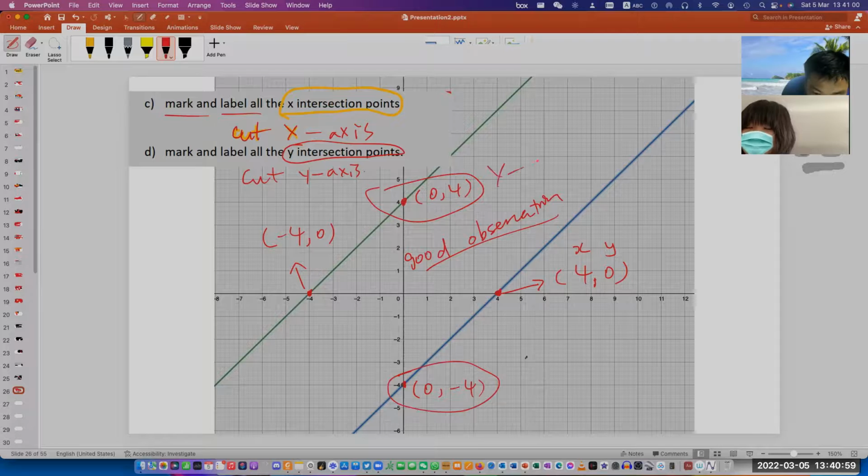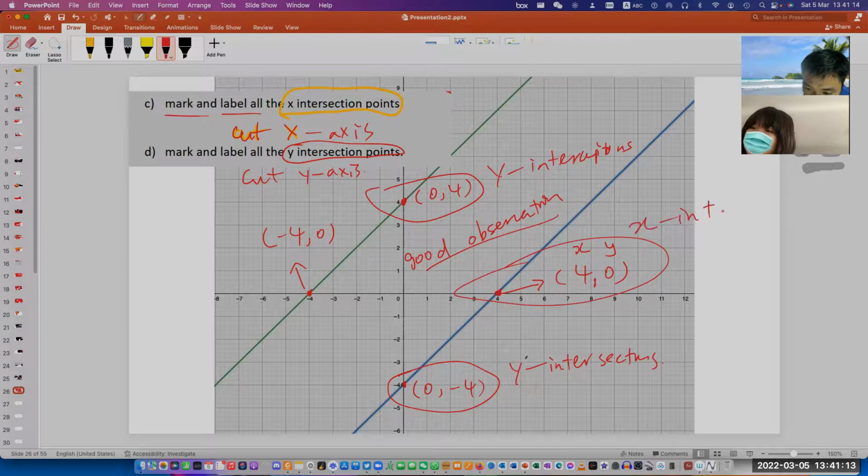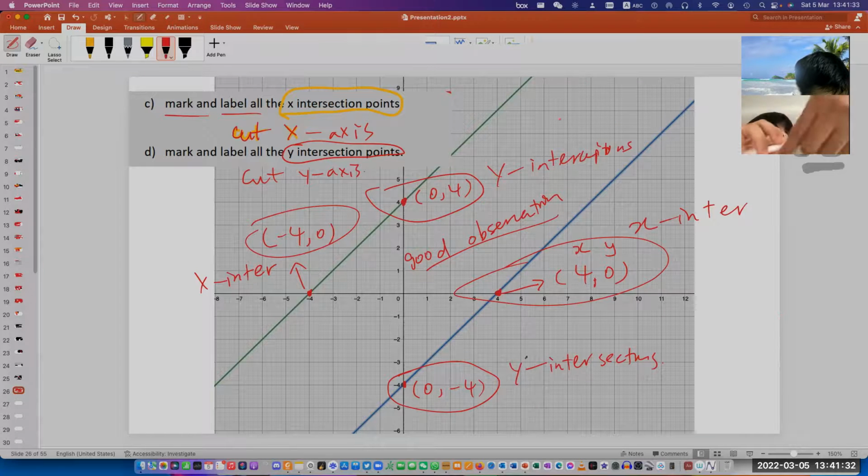These are the y intersection points, while these 2 are x intersection points. Are you clear? Good. So let's not go to the parallel side first. Let's do the basic thing first. But good observation by you. Thank you. Okay, next question.